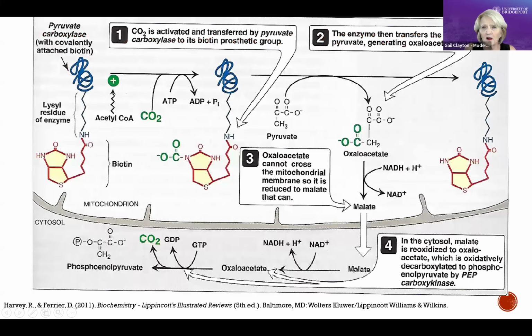Okay, so I thought it would be easy to kind of understand the first few steps in gluconeogenesis by looking at this diagram that I got from another biochemistry book, Lippincott's. So let's go over here and look at step one. So this funky looking molecule, this blue part here is the pyruvate carboxylase.